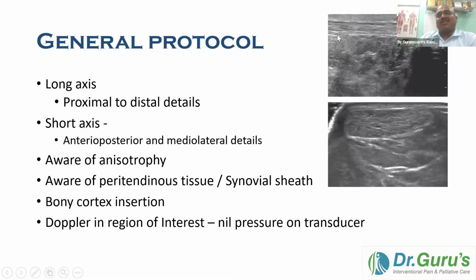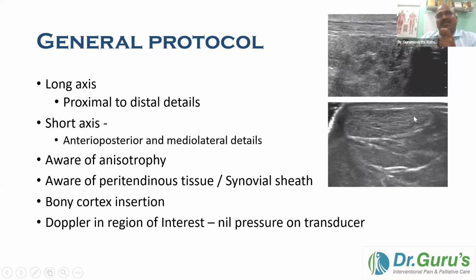In the long axis we can see the whole length of the tendon, from near the musculotendinous area up to the insertion. The long axis is usually used for assessing whether the pathology is proximal or distal. The short axis gives you an idea whether it is superior or inferior, or medial or lateral, right?